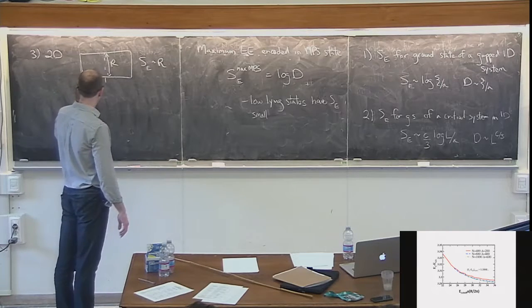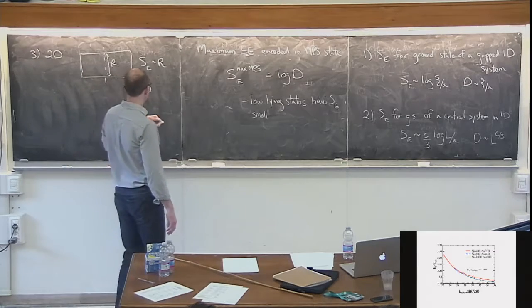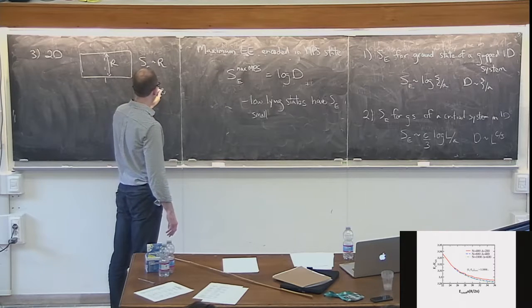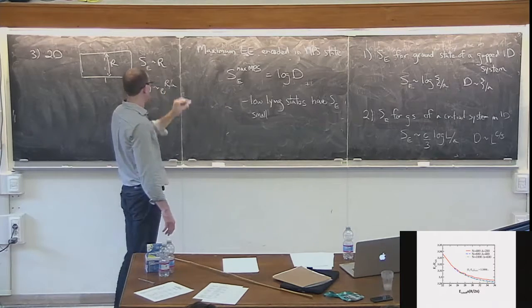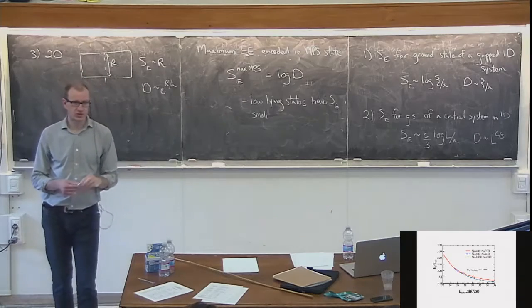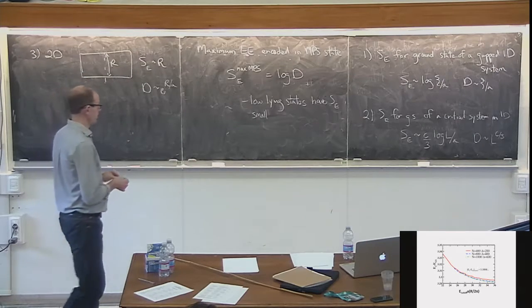And that's unfortunate because that means the bond dimension I'm going to need is going to be exponentially large in the length of the boundary.